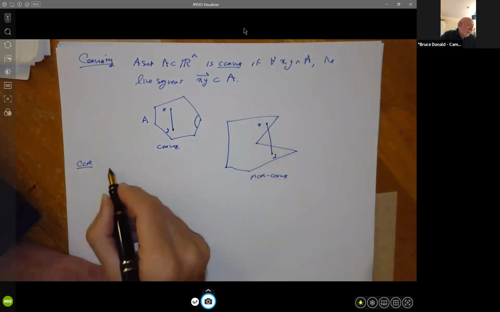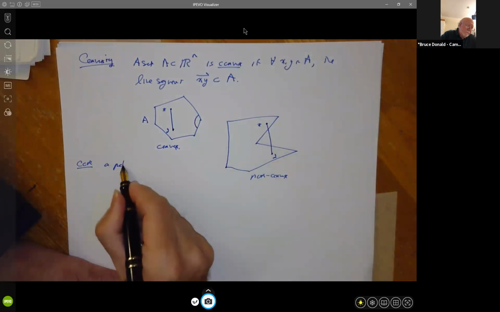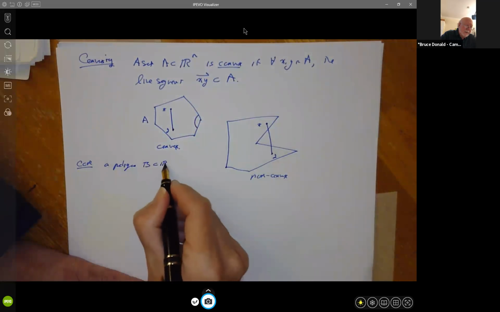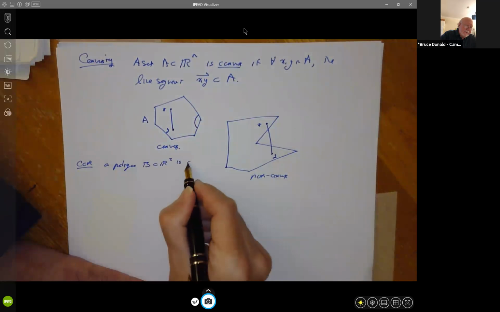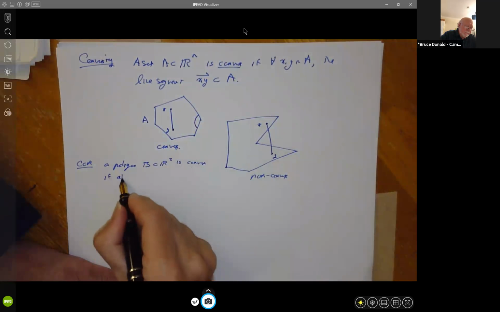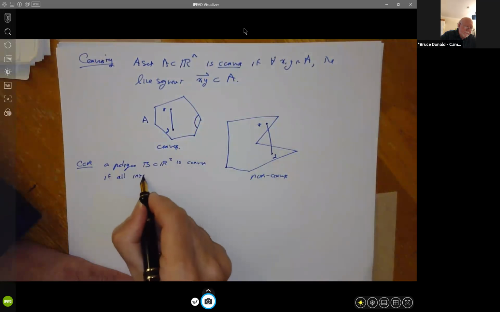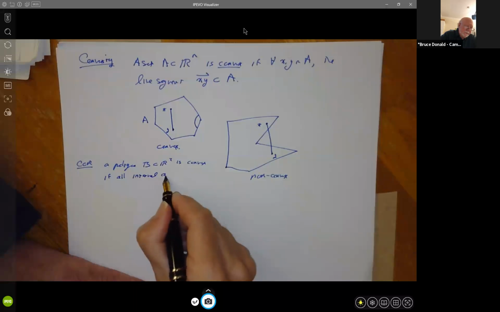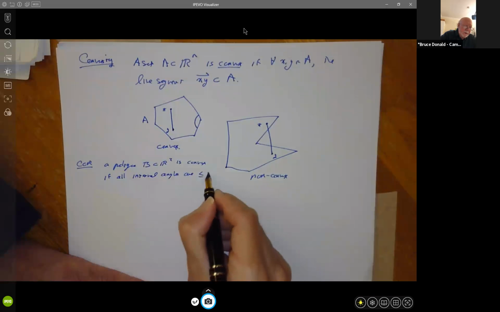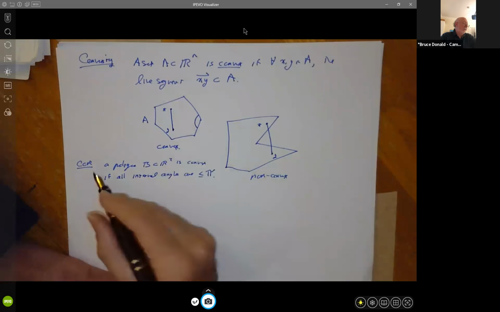So we can say that a polygon, say B, which is in the plane, is convex if all internal angles are less than or equal to 180 degrees, or pi in radians, like it is here.